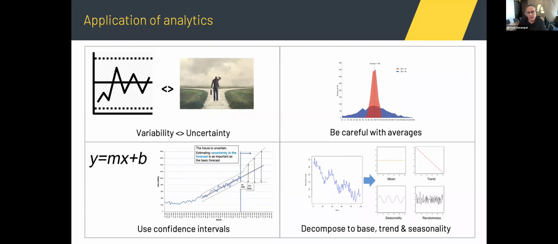And you can begin decomposing your forecast now, not just into base, trend, and seasonality, but understand the contribution of things such as pricing and promotions, socioeconomic, demographic, macroeconomic data, and a lot of other great features to enhance your forecast even further.